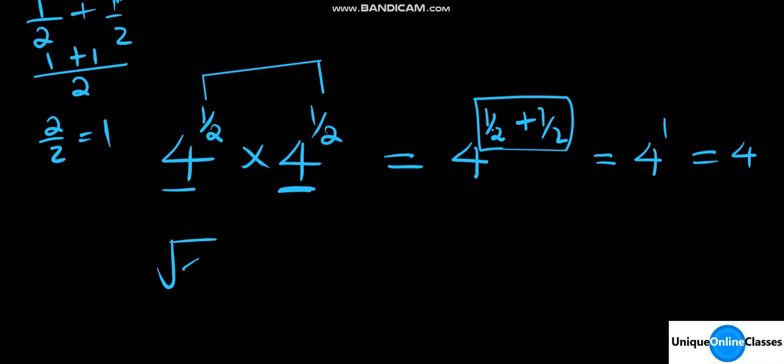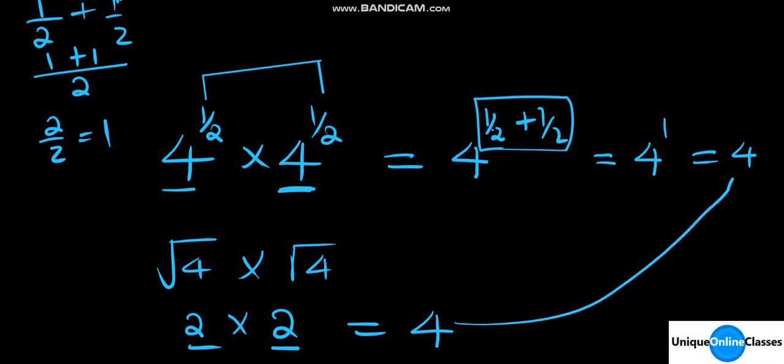Now take root 4 times root 4. Root of 4 is 2, times root of 4 is 2. If you multiply 2 times 2, the answer is 4, which is the same as that one.